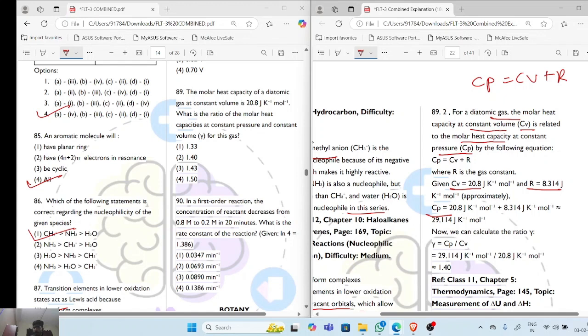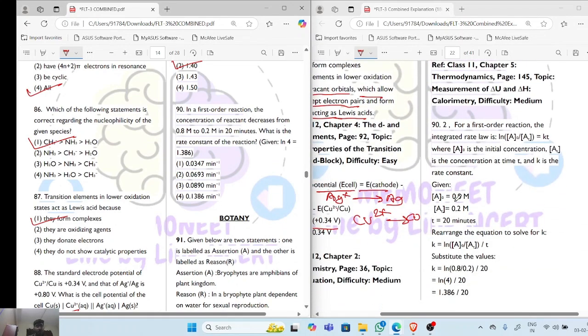The value of Cp comes to be 29.114 joule per Kelvin per mole. Now we can calculate gamma, which is Cp by Cv, and the answer comes out to be 1.40, which is option number 2.